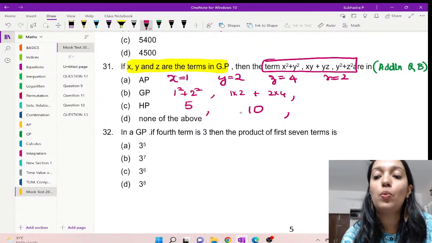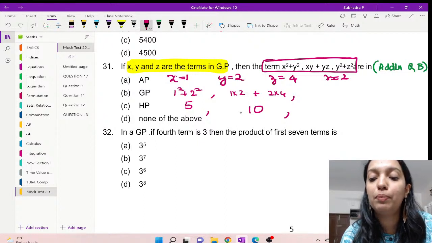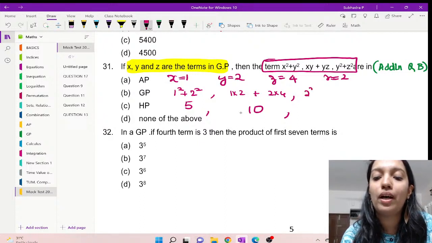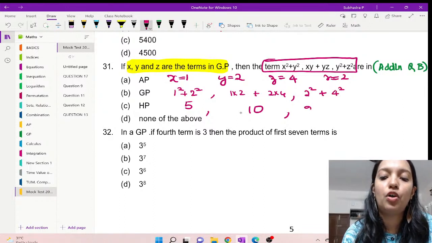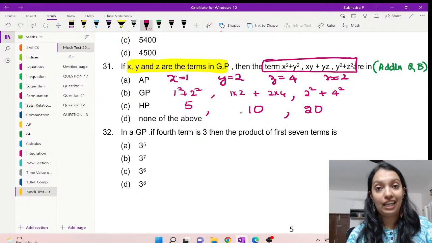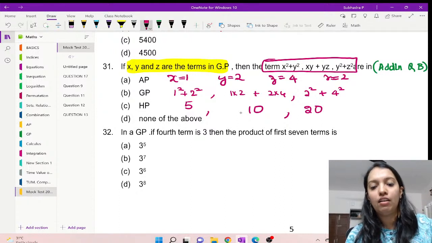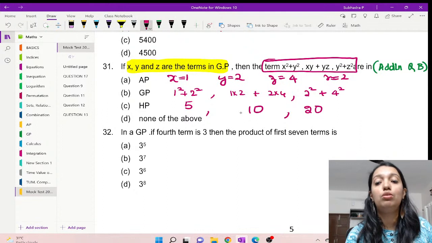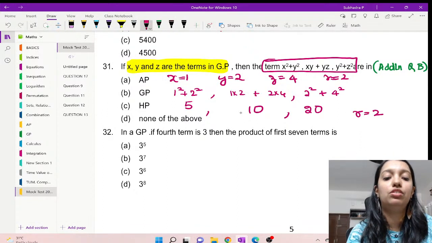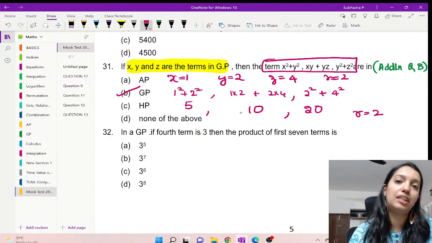Third, y square plus z square. So this will be 2 square plus 4 square, 4 plus 16, 20. 5, 10, 20. Here also I can see that r is equal to 2. That means these terms are in GP.